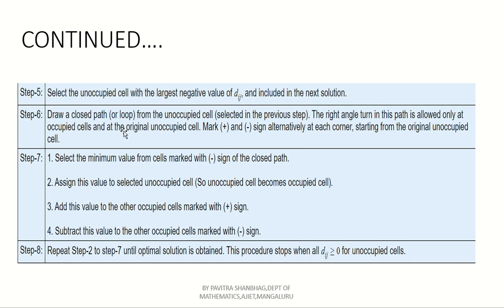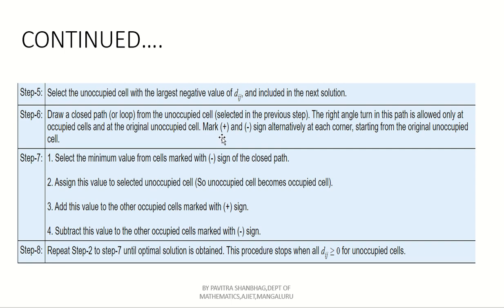Draw a closed path or a loop from the unoccupied cell selected in the previous step. Here this step is based on the previous step, that is here we need to construct a loop or a closed path from the unoccupied cell. Okay, the right angle turn in this path is allowed only at occupied cells and at the original unoccupied cell.